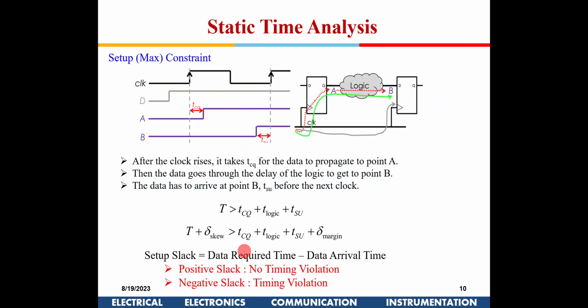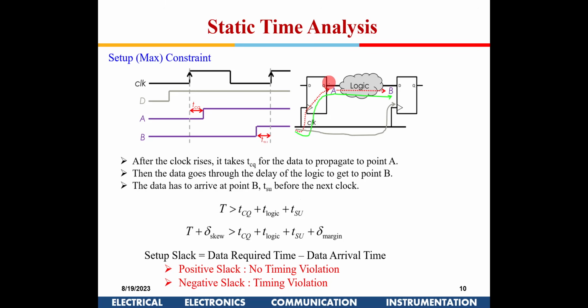So this is like a setup constraint. This is known as the launch path, where the data is launched, and this is known as the capture path. Now, what is the setup constraint? How do we do it? We are giving one clock here, right?